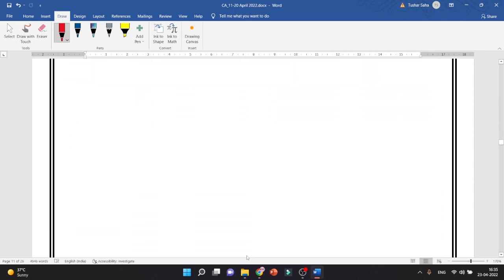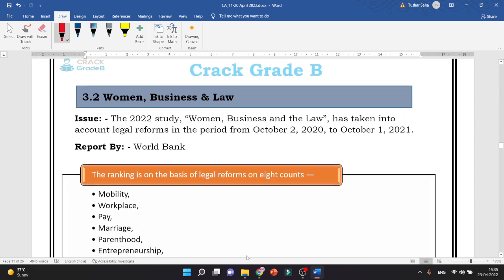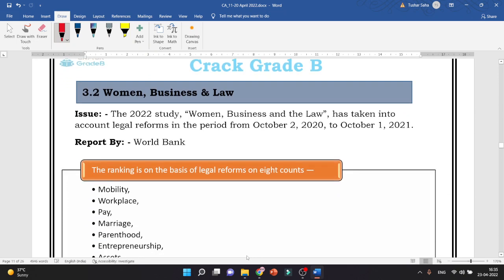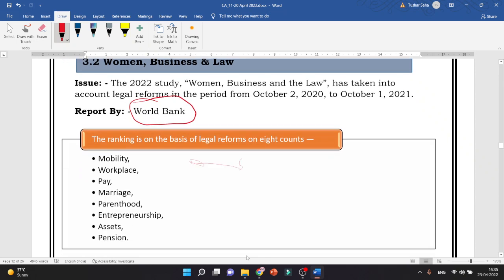Okay, so let's move forward and see Women, Business and the Law. This is a study given by none other than the World Bank. The ranking is based on legal reforms across these 8 areas: mobility, workplace, pay, marriage, parenthood, entrepreneurship, assets and pension.